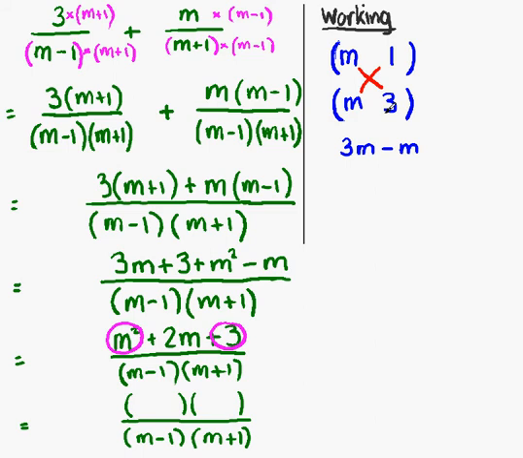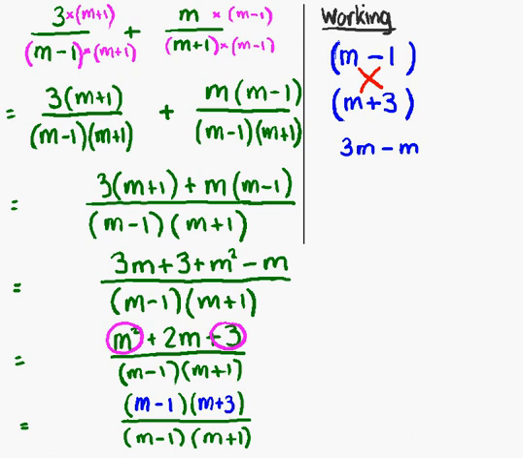To make it minus m, it has to be minus 1. This 3m doesn't have a sign, which means it's plus, so that means m times plus 3. So now we have our two brackets, m minus 1 and m plus 3, so we'll fill that in. m minus 1 and m plus 3.